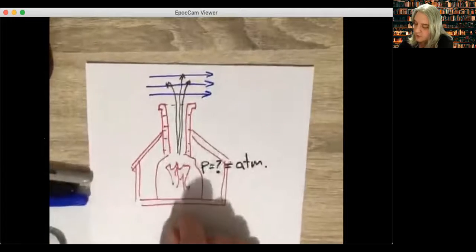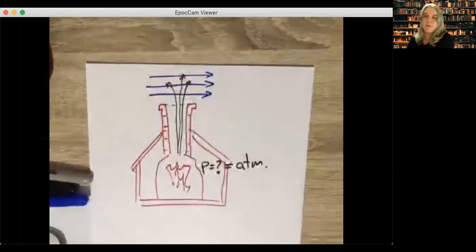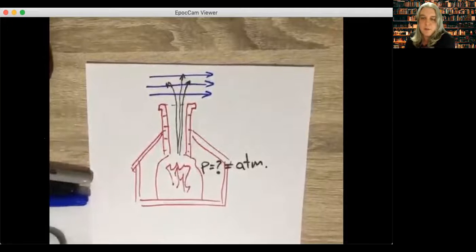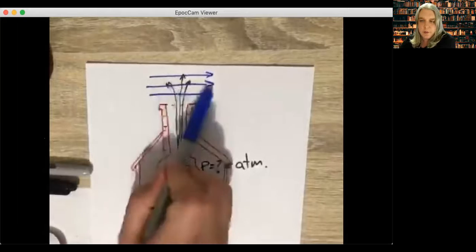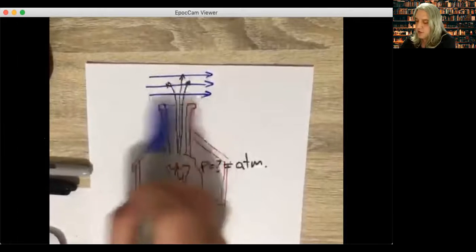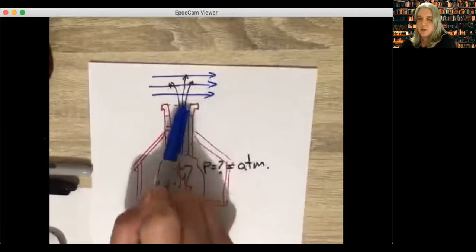Inside, at the bottom of the chimney, we have around about atmospheric pressure. What's the pressure above the chimney on the outside? That's really where the discussion from our slides becomes relevant. We've been told that it's a windy day, so we've got some wind. It doesn't matter which direction it's going, just that it is going past the chimney.